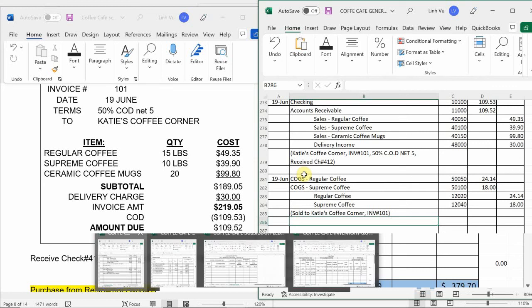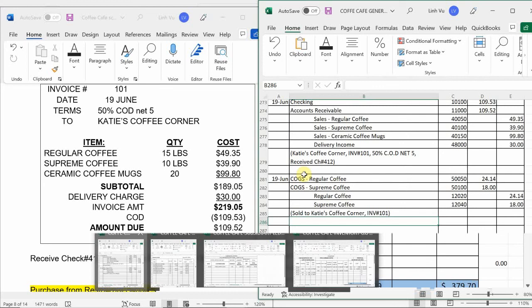Will it be viewed as additional income? No, it's part of your inventory. Or you do it at the end of the period? You do it at the end of the accounting period.